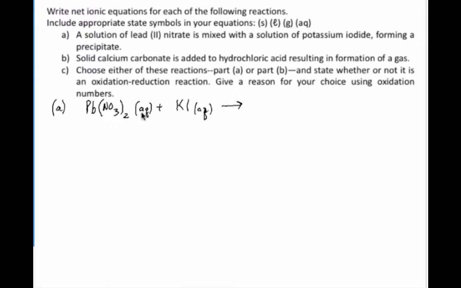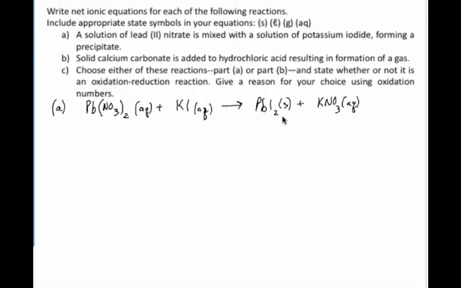Through a recombination reaction, the lead is going to go with the iodide in order to form PbI2 solid. And what's left behind is potassium nitrate, KNO3 aqueous. Now I know that potassium nitrate is aqueous because all nitrates are soluble, and all salts of potassium are soluble.